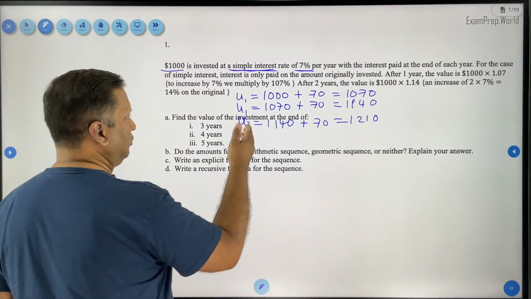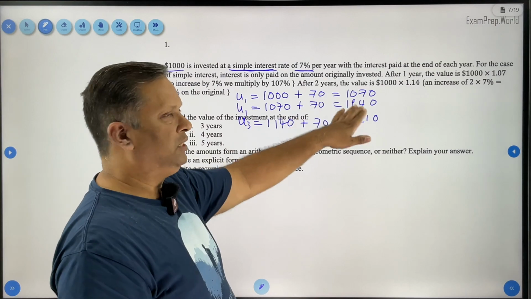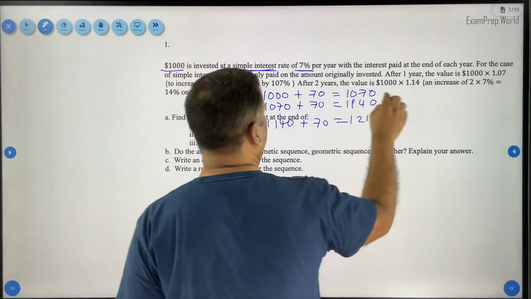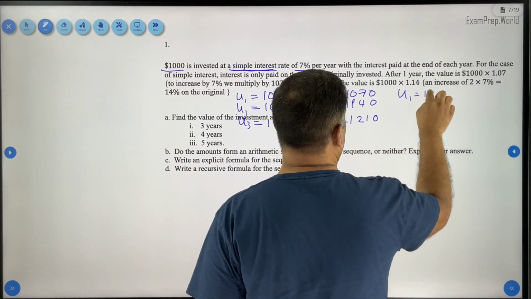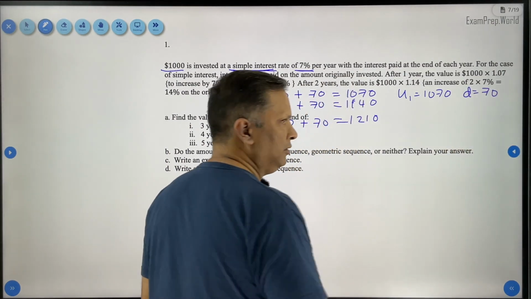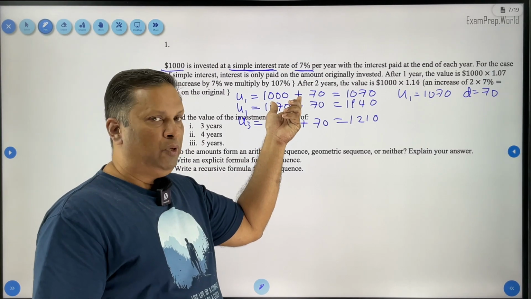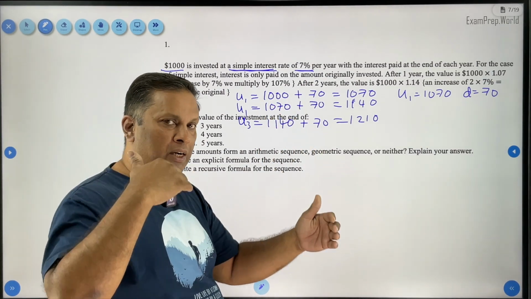So we already have calculated U1 here. U1 is 1,070 and d is 70. Don't take U1 as 1,000, because we are finding U1 at the end of the first year.